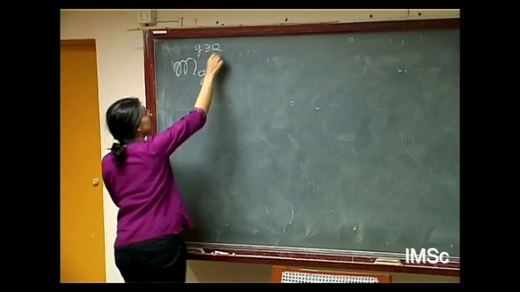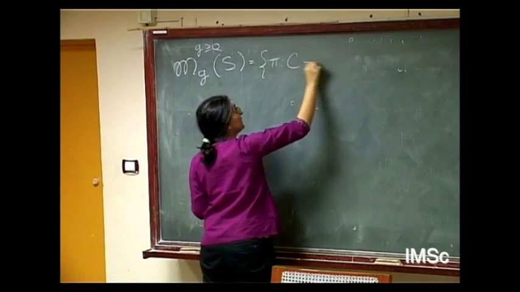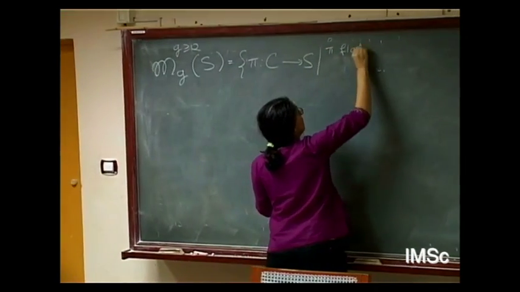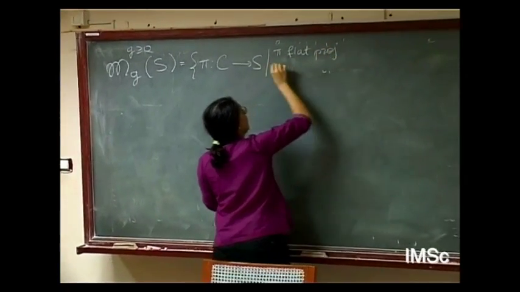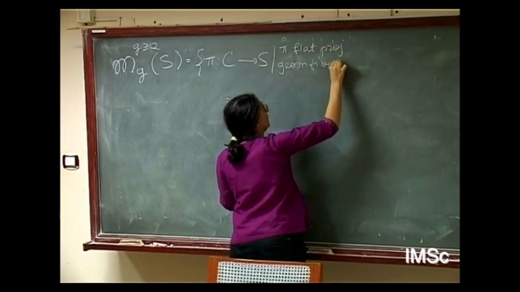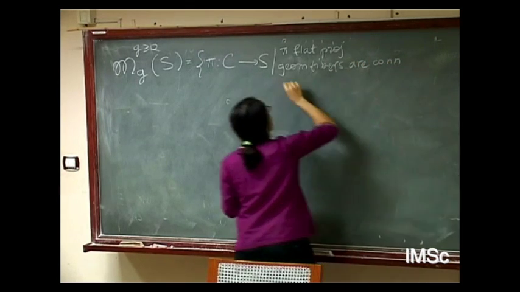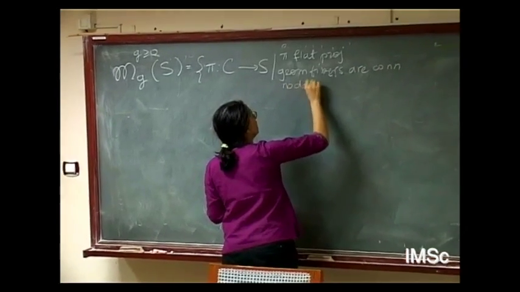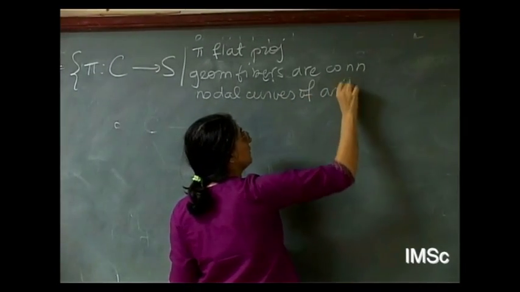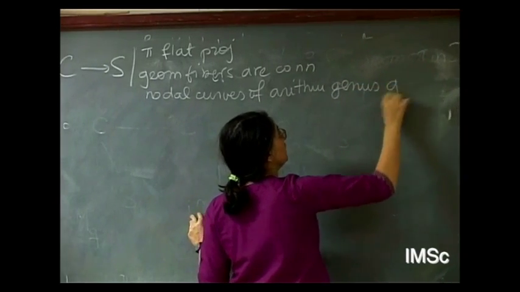The definition is as before, but you take π from C to S, where π is flat and projective, and the geometric fibers are connected nodal curves of arithmetic genus g.